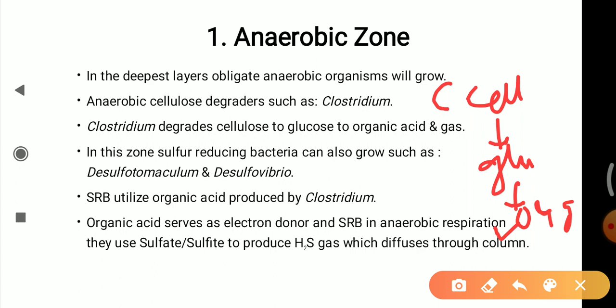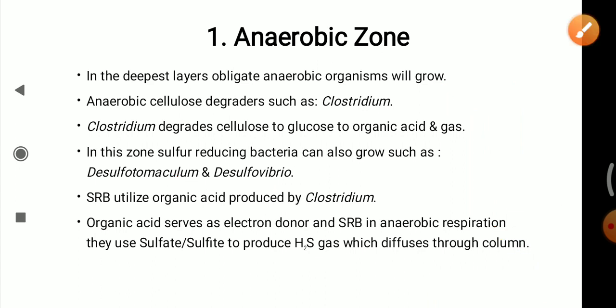This organic acid serves as an electron donor for the sulfur-reducing bacteria, examples being Desulfotomaculum and Desulfovibrio. These bacteria utilize the organic acids and convert them further into H2S, and this H2S gas will diffuse through the column.